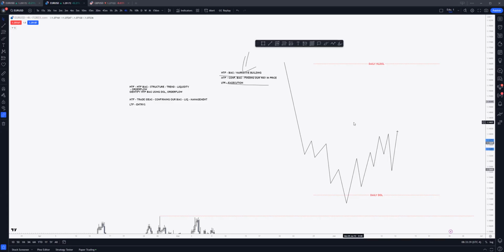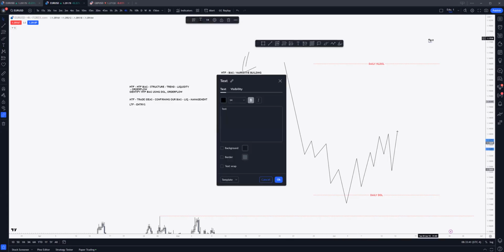Generally the way I like to look at it is HTF is weekly to H4, the MTF is H4 to M15, and the LTF is M15 and below, or M15 to M1, right?